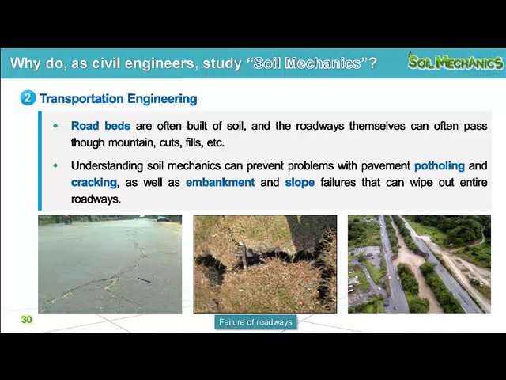We already know that roadbed or embankment or road embankment are built of soil. Understanding soil mechanics can prevent problems with pavement potholing and cracking, as well as embankment and slope failure that can wipe out an entire roadway.